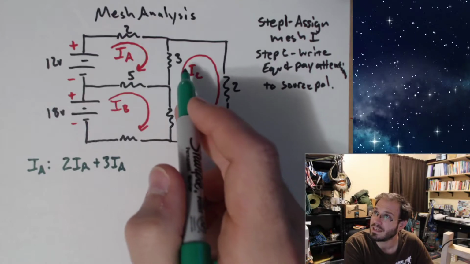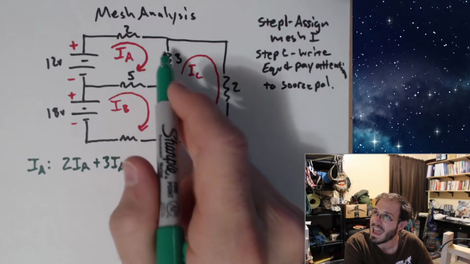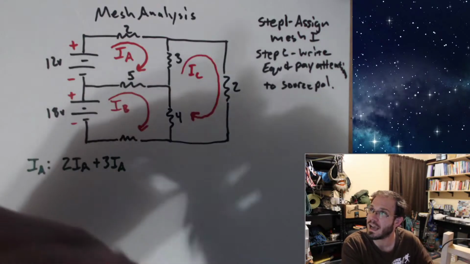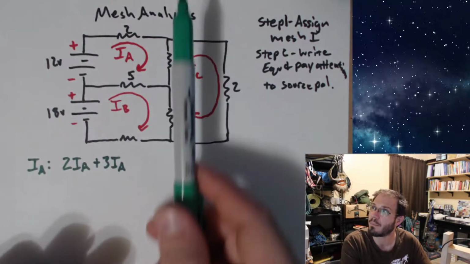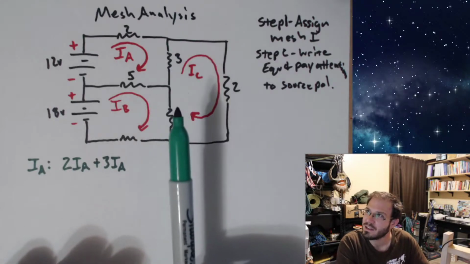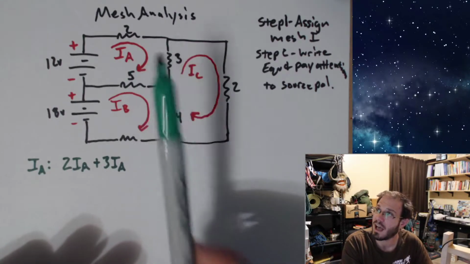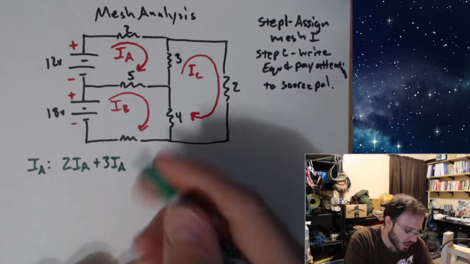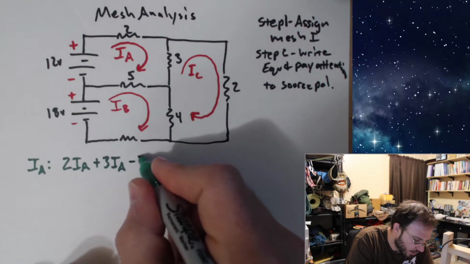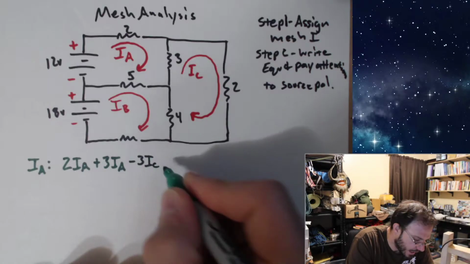Now, at this point, we need to look at the direction here. IA was going downward through this 3 ohms, whereas IC is going up through 3 ohms. IC is going in an opposite direction of IA. Therefore, we will subtract this voltage. So minus 3 IC.